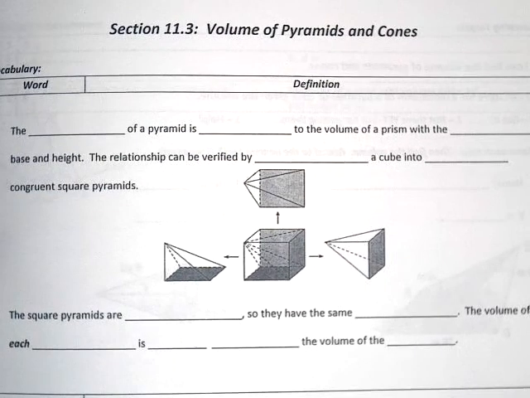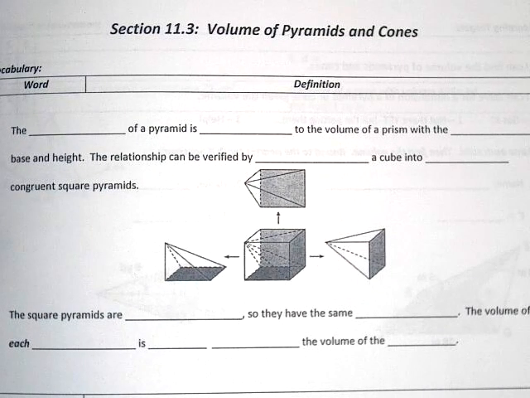Right off the bat, I want you guys to understand that calculating the volume of a pyramid or a cone are extremely similar to one another, just like calculating the volume of a prism or a cylinder was super similar to each other.